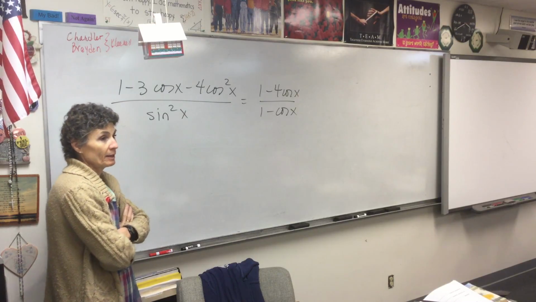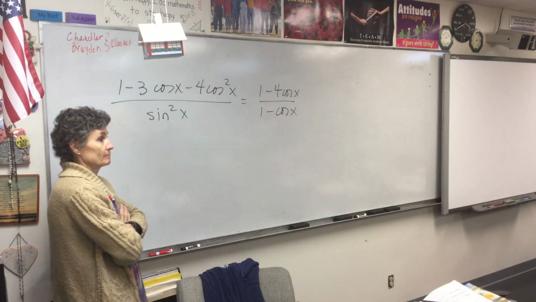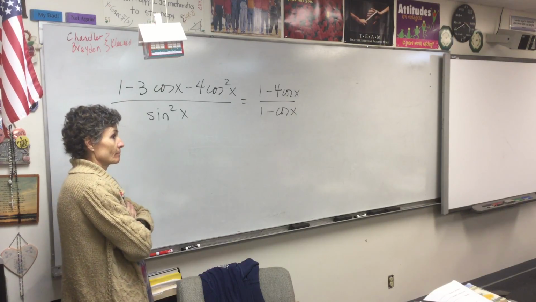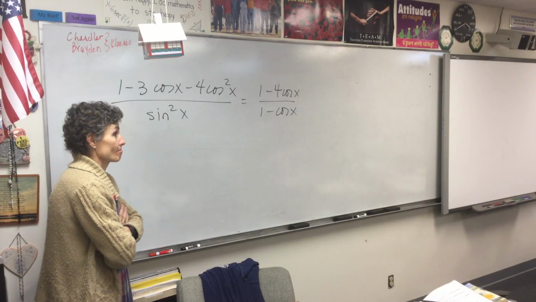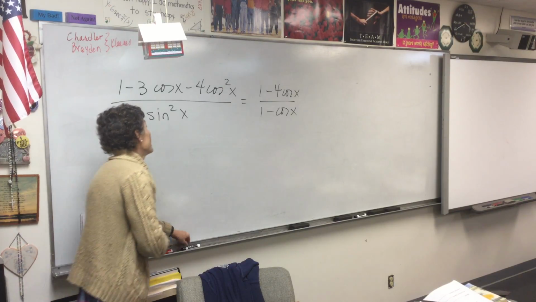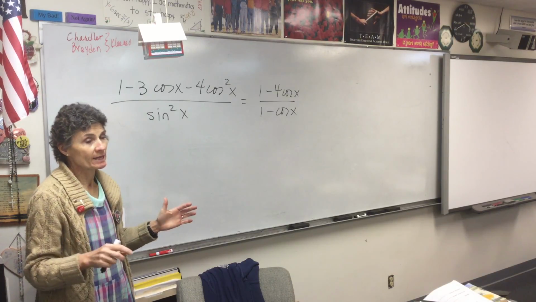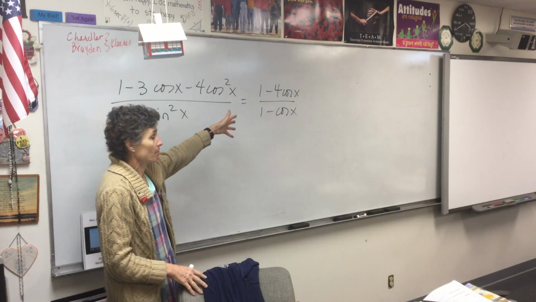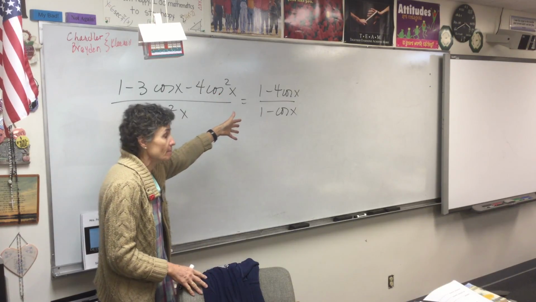All right, who's got a plan? Anybody have a plan? This is all wrong. Erase all of that. Absolutely. All right, so let's start with what is painfully obvious. You're ending up with something that has only cosines.